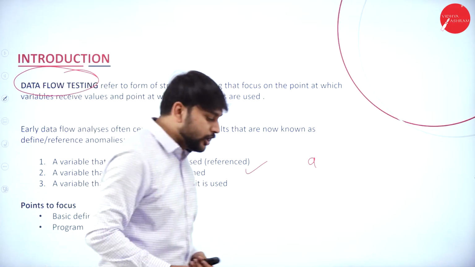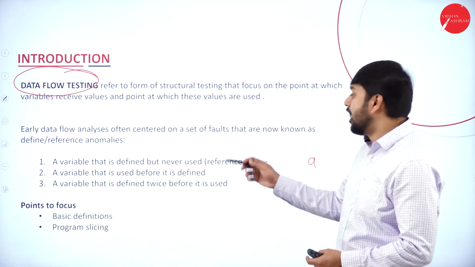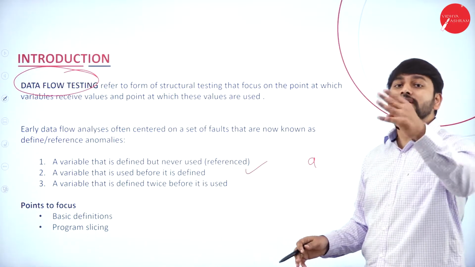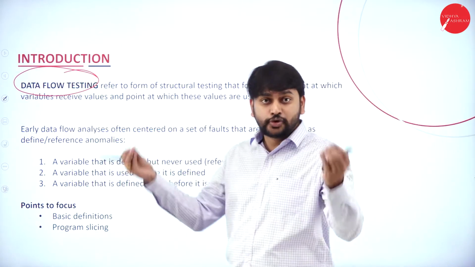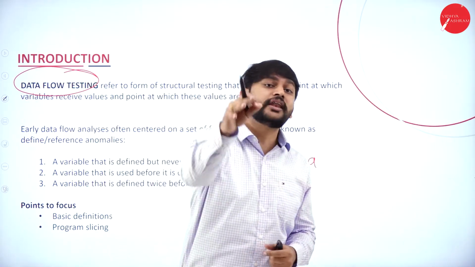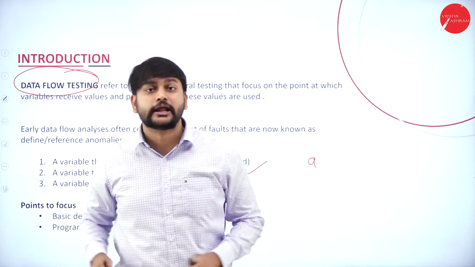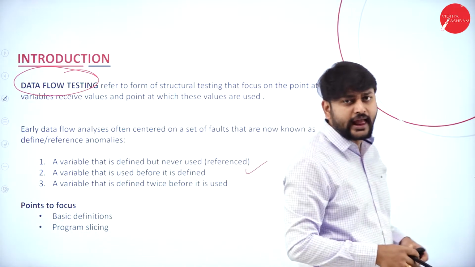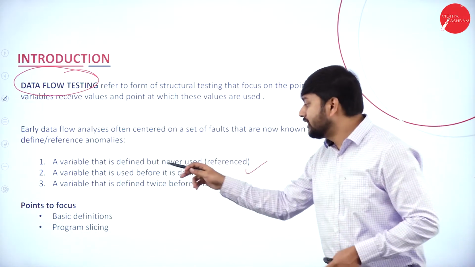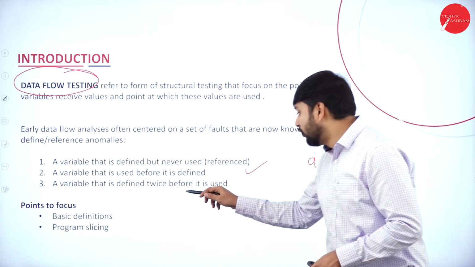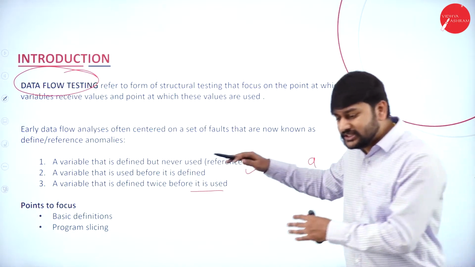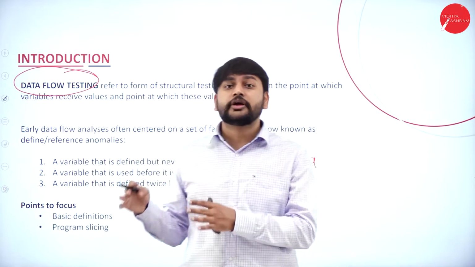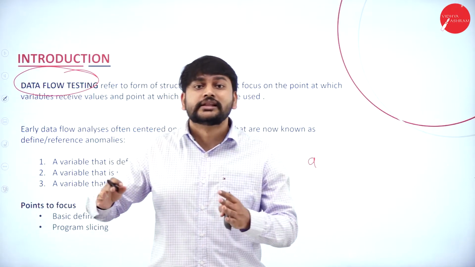Problem number two is a variable that is used before it is defined. I'm using the variable before I'm defining it. That is the second problem. What is the third one? The third one is the variable that is defined twice before it is used. These are the three problems that I will come across whenever I'm studying data flow.